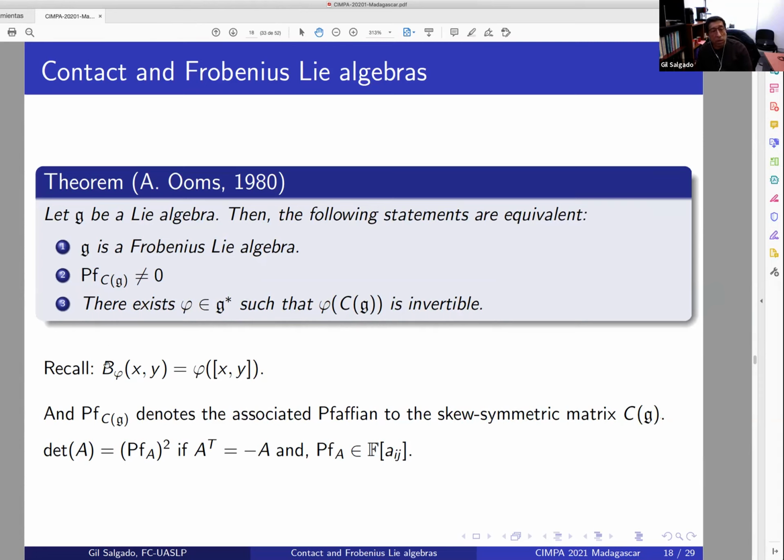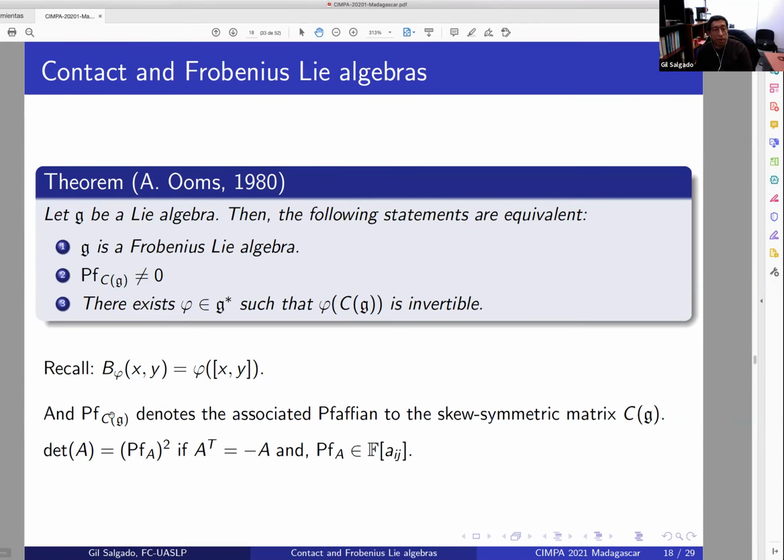Recall that the Kirillov form is given by this equation, and this implies that this matrix is the Gram matrix associated to the Kirillov form associated to bar phi.